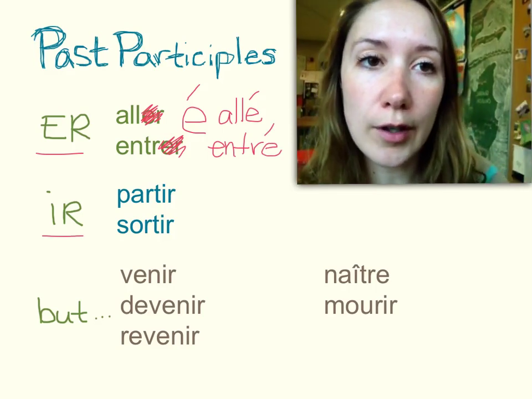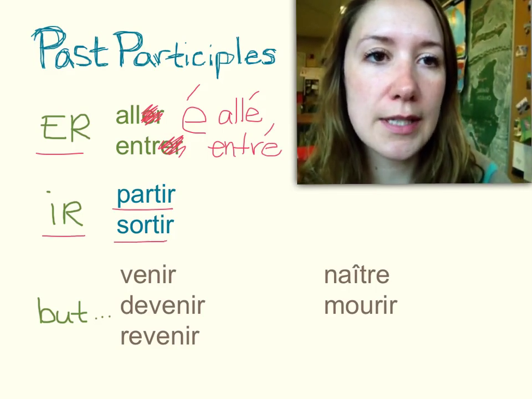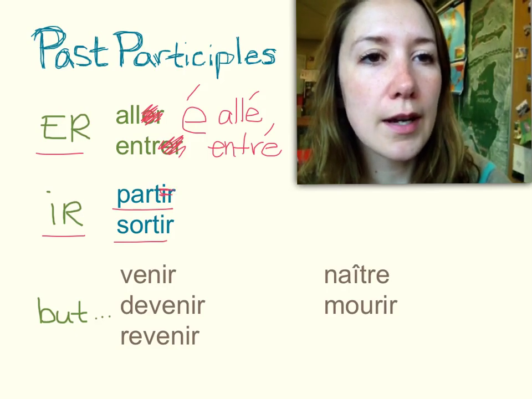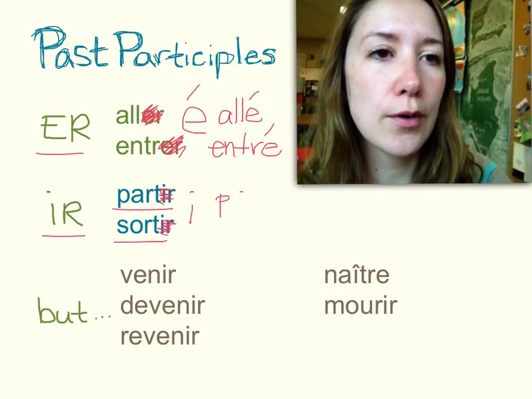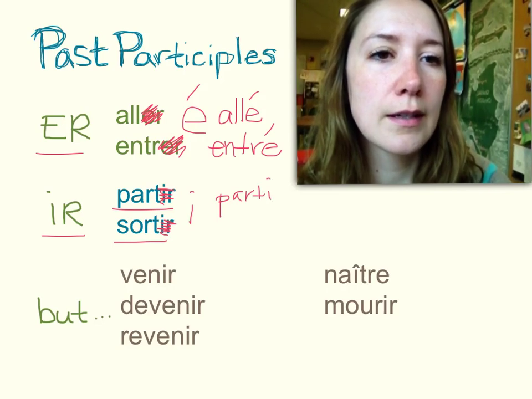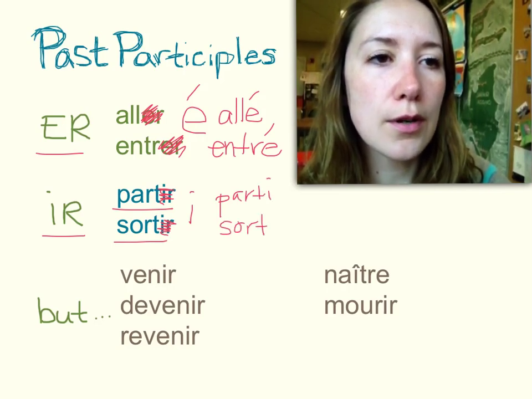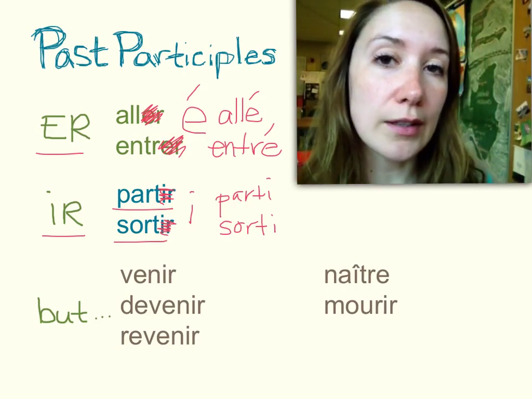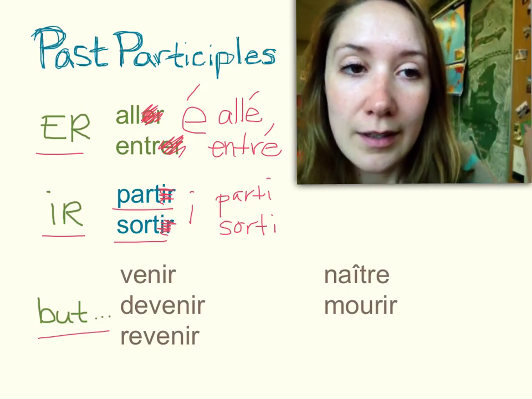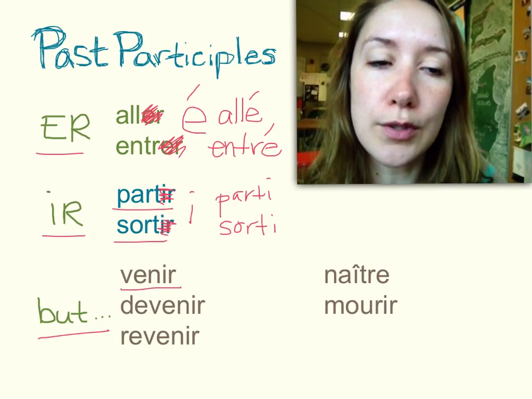For IR verbs like partir and sortir, we are going to take off the IR and add an I for parti or sorti.